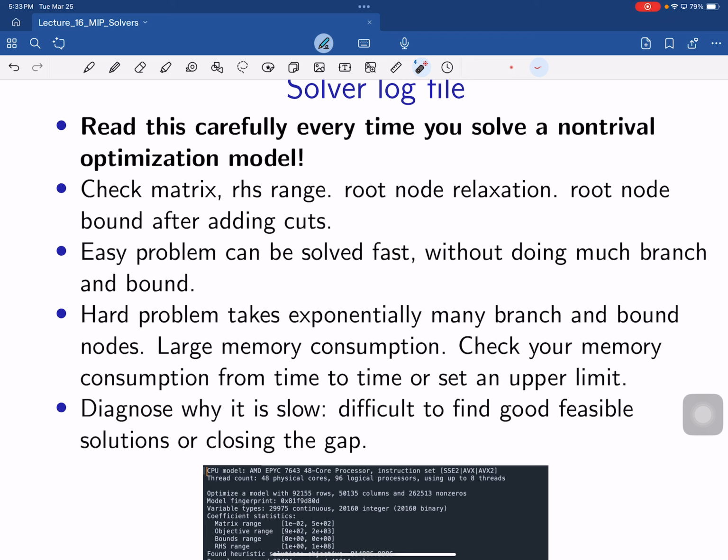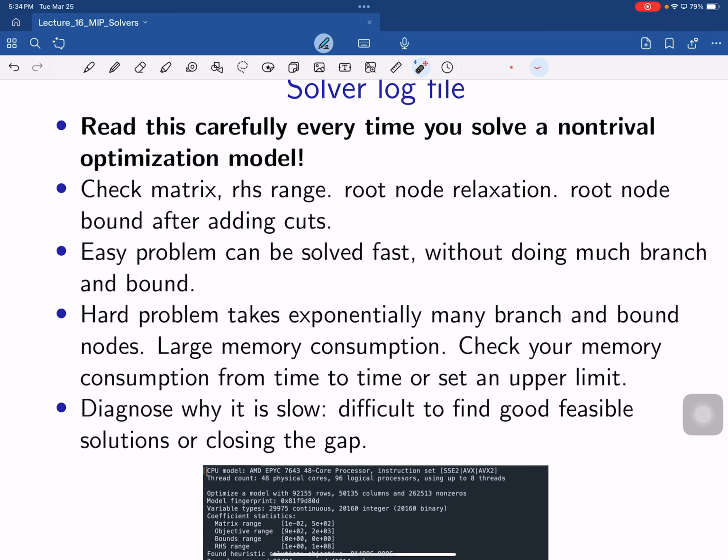Okay. The other thing you want to check carefully is why the problem is so slow to solve. Sometimes it is because it struggles to find a good feasible solution. So how do you know the solver struggles to find a good feasible solution?